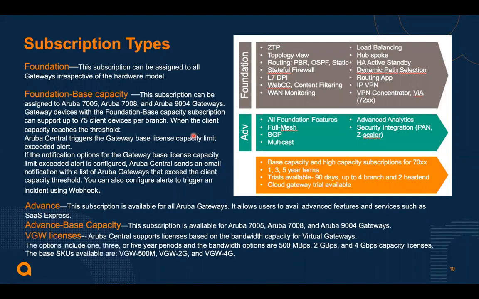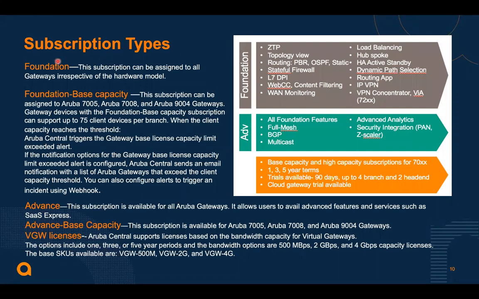And then comes the subscription types. As Bharat rightly said, customers might not have an idea on what type of subscription they would need, and we have 5 sets of subscription types where we have specific support or features that each subscription would be capable of.